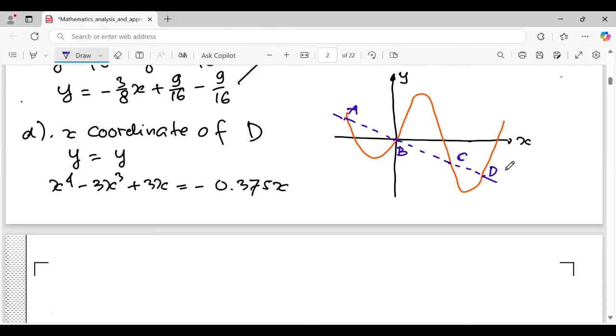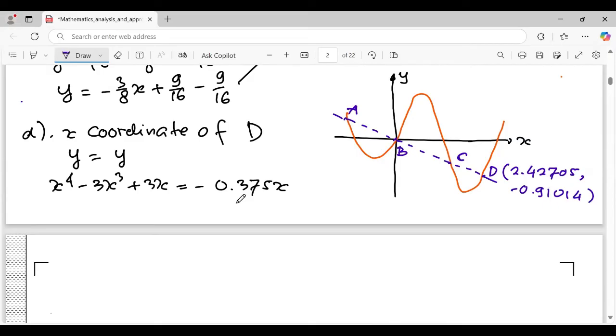And on my calculator, the coordinate point is 2.42705, comma, minus 0.91014.